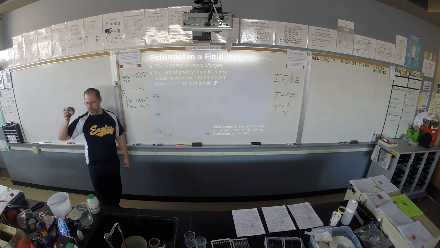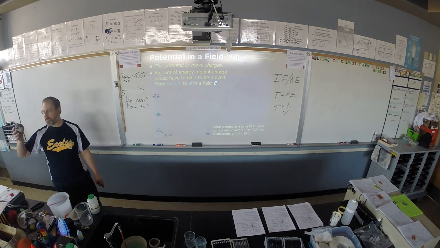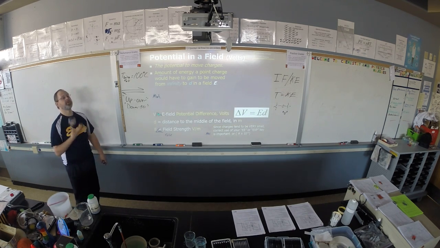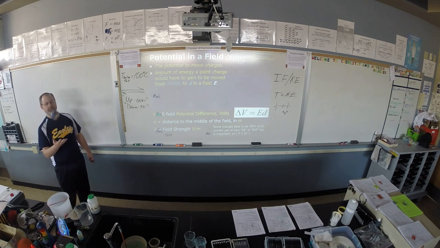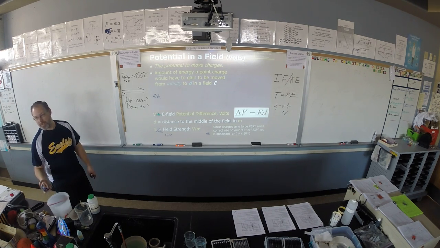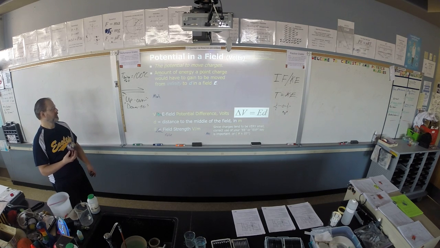It's very strange. It's how much energy would take to take that particle from infinity or anywhere and drop it in the field. Potential is given the variable V. This is one of the few times where the variable and the unit are exactly the same. V for volts. Volts is V, potential is V, and the unit and the variable are both V. Yay. One of the few times that actually is the case.